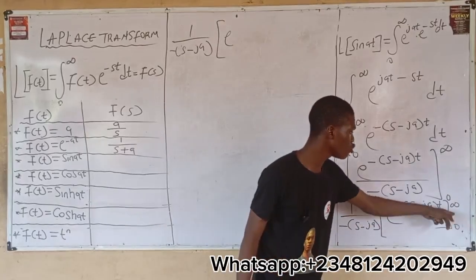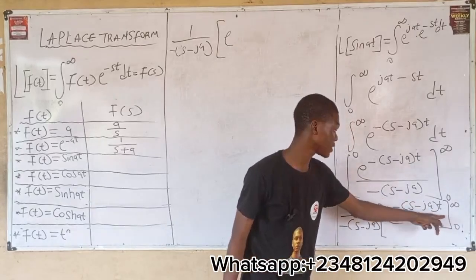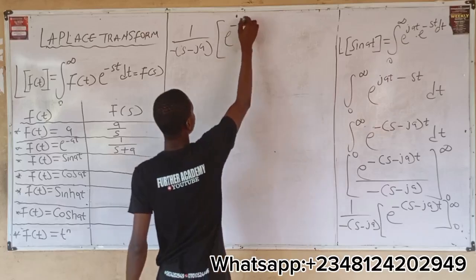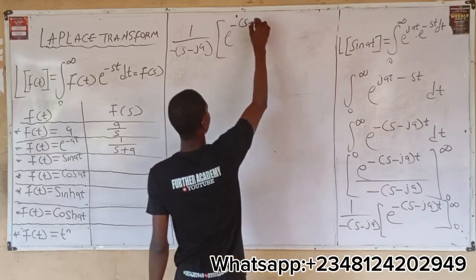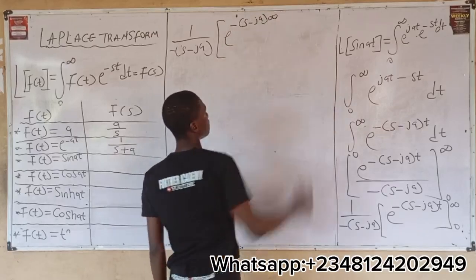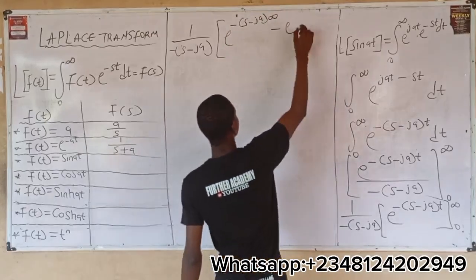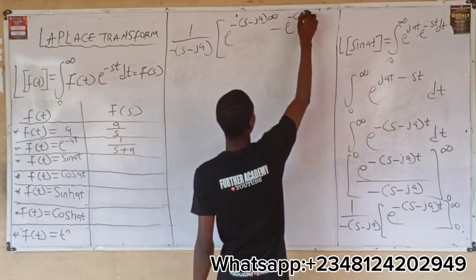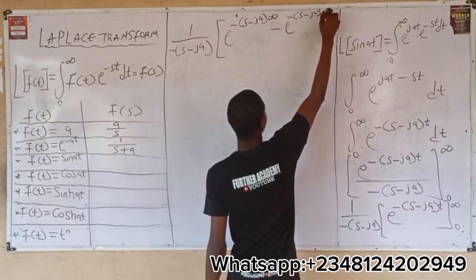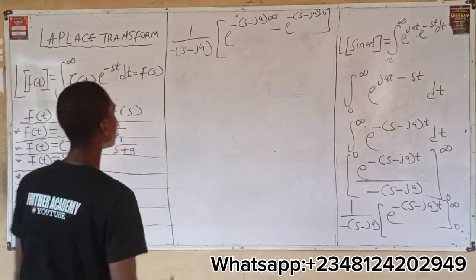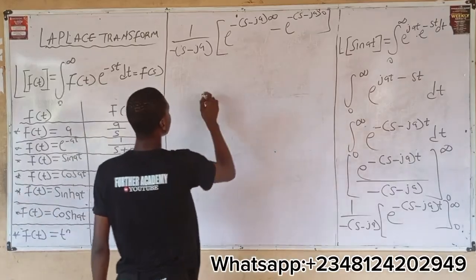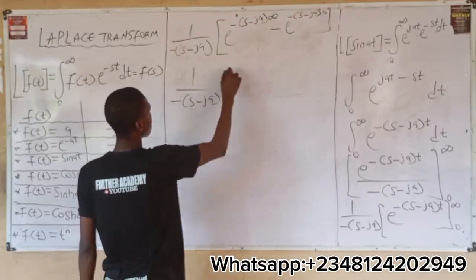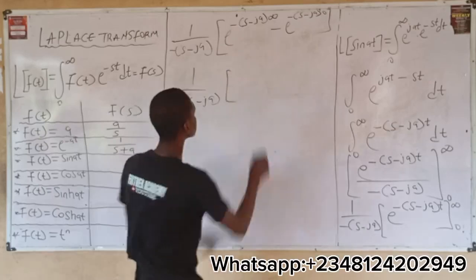I'm substituting these two limits in place of t. Right? Now from here, let's simplify this. Simplifying this, it becomes 1 all divided by negative s minus ja multiplying, this becomes what?